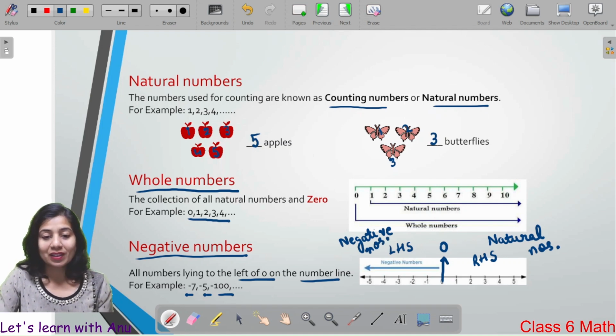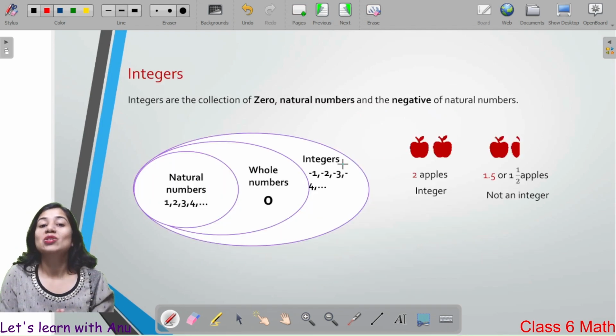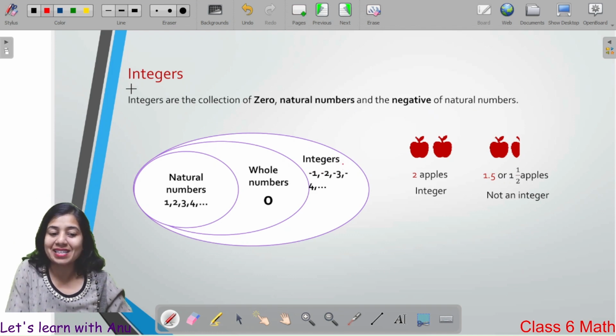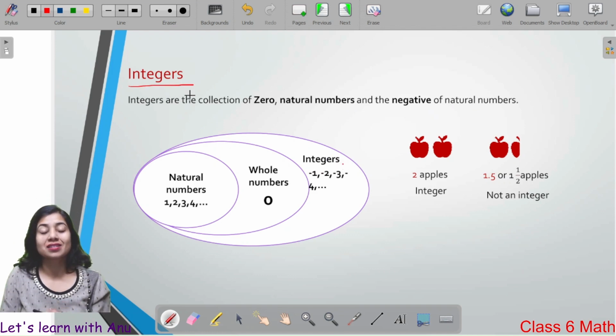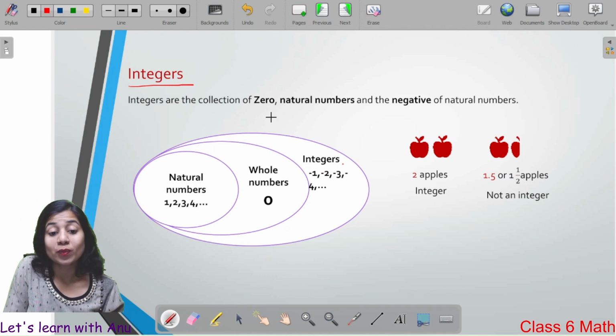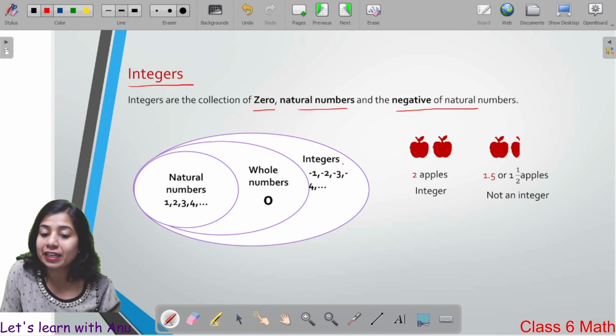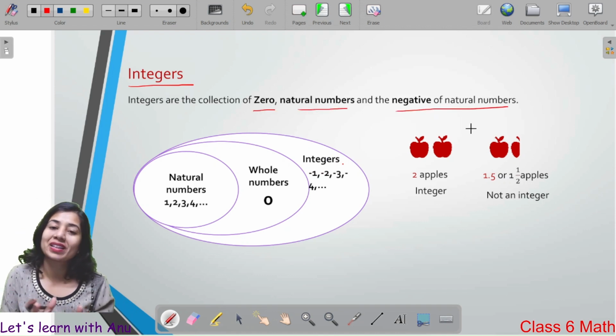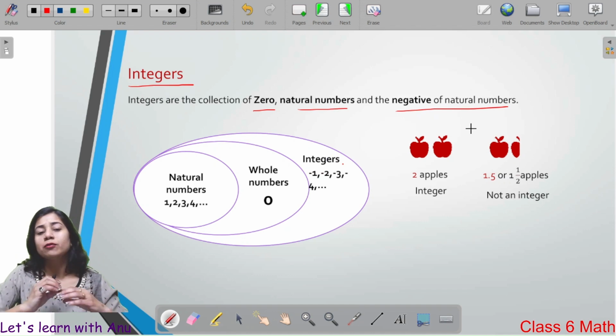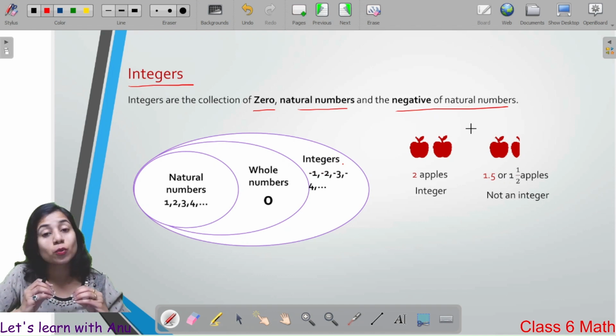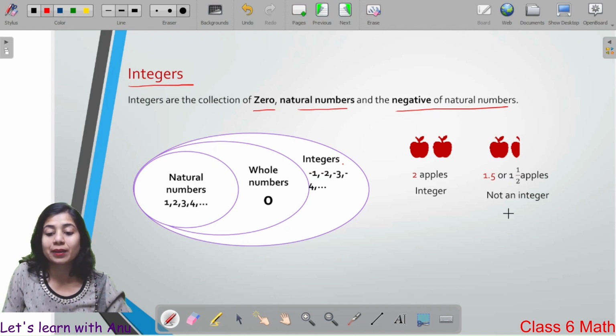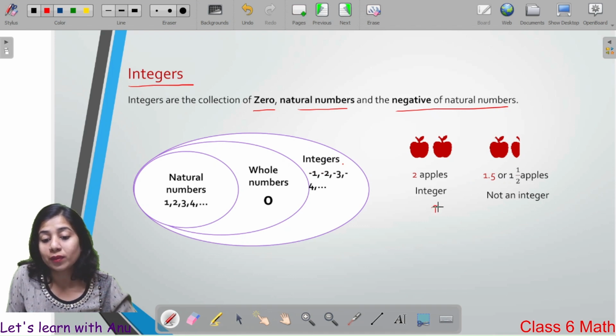So let's move ahead. The main topic of today's session is integers. So what are integers? The collection of 0, natural numbers and negatives of natural numbers forms integers, right? A very important thing to understand about integers is that they do not include decimals, fractions, or percents.